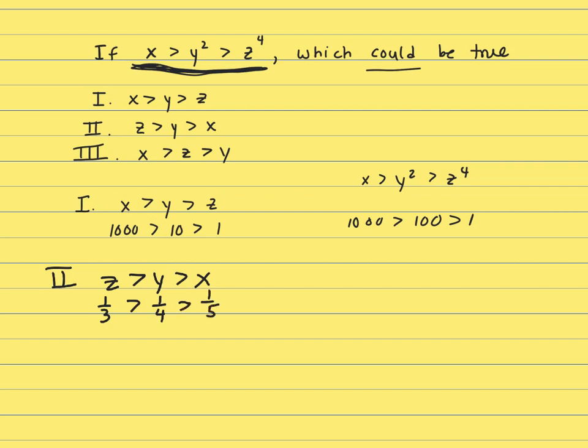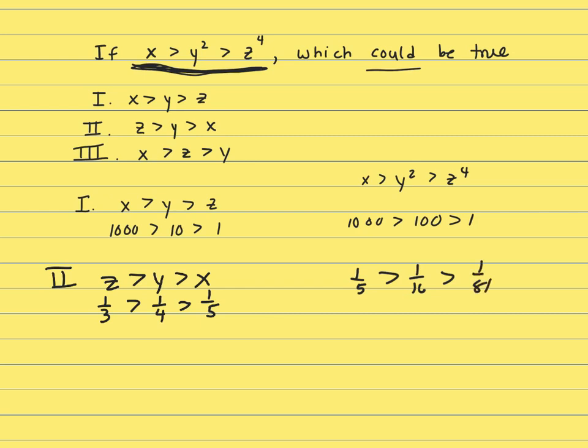Make sure you leave the numerators as 1, and you know as the denominator gets larger, the fraction gets smaller. All right, let's see if it satisfies. x is 1/5, greater than y squared, 1/16, greater than z to the fourth, and z is 1/3, so it would be 1/81.